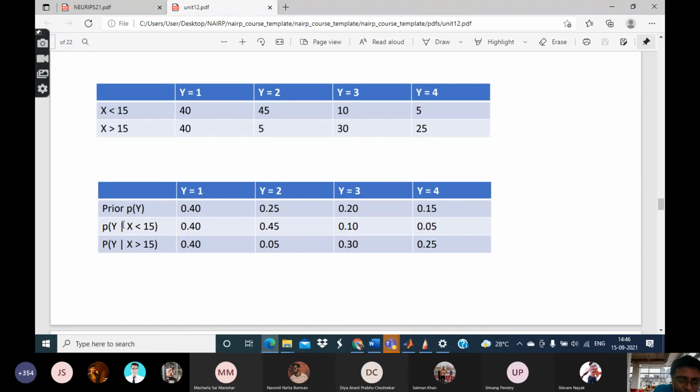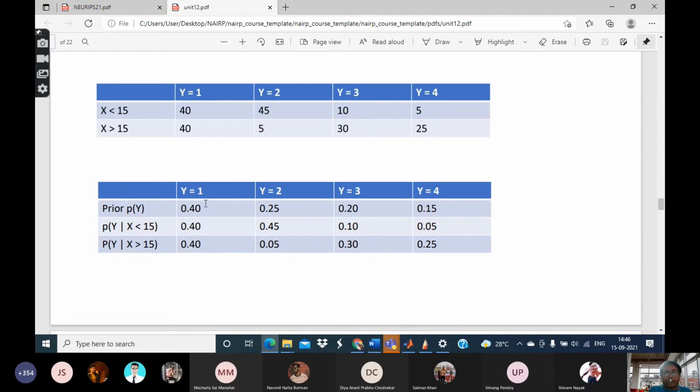On the other hand, if you consider the posterior, taking into account that the feature x is less than 15, suppose after observing that the feature is less than 15, you are considering the distribution on y, you may see that it has changed compared to the prior distribution. In case of y equal to 1, the probability remains unchanged. Why is it the case?